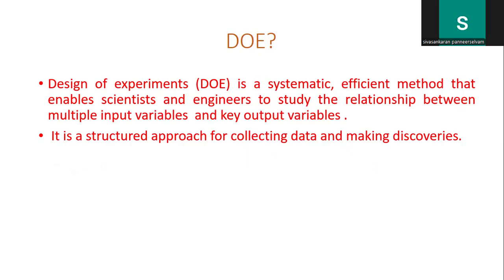So there would be two or more input variables, and they will influence the response variable, that is the output variable, that we are going to find out through experimentation. It is a well-structured approach for collecting the data and making many research discoveries on that.